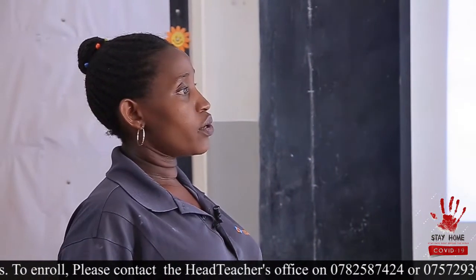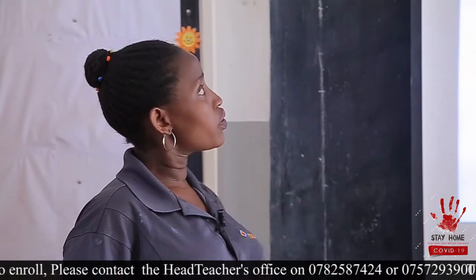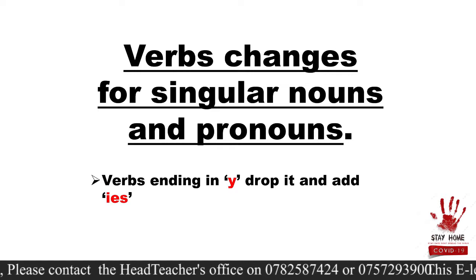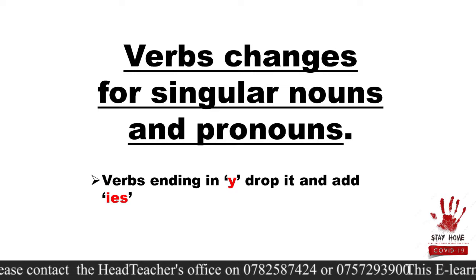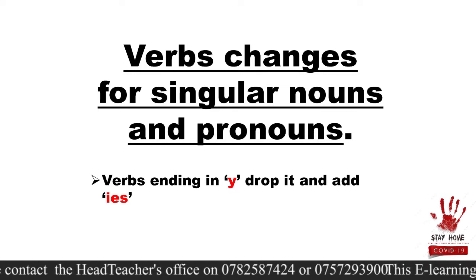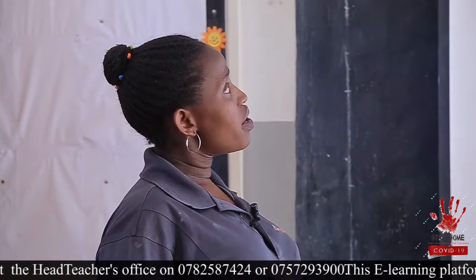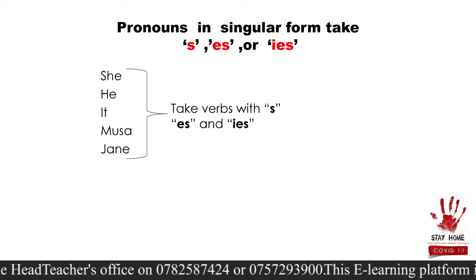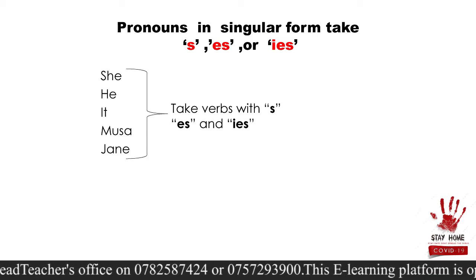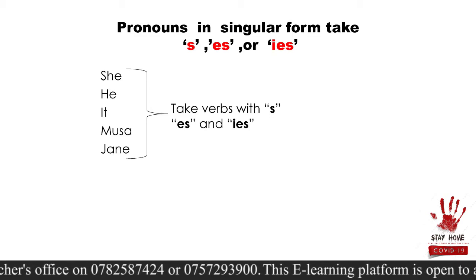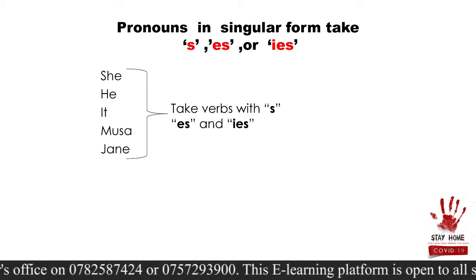So, we come to the pronouns. Now, we are looking at how these verbs change in the simple present tense. Pronouns in singular form take s, es, or ies. I try to simplify our work.